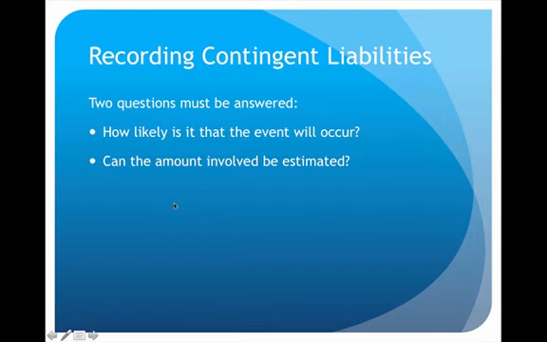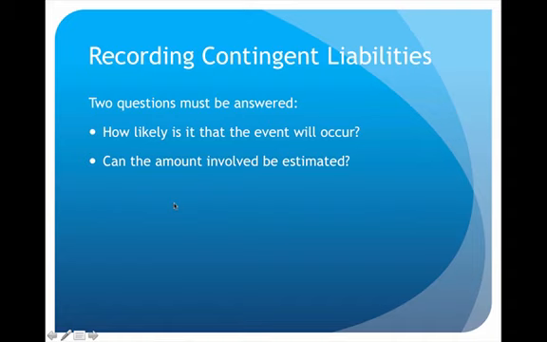So the two questions that we have to answer, and this is partially based upon opinion. Number one, how likely is it that the event will occur? Do we think the chances are very strong? Do we think the chances are very unlikely? Do we think it's somewhere in the middle?